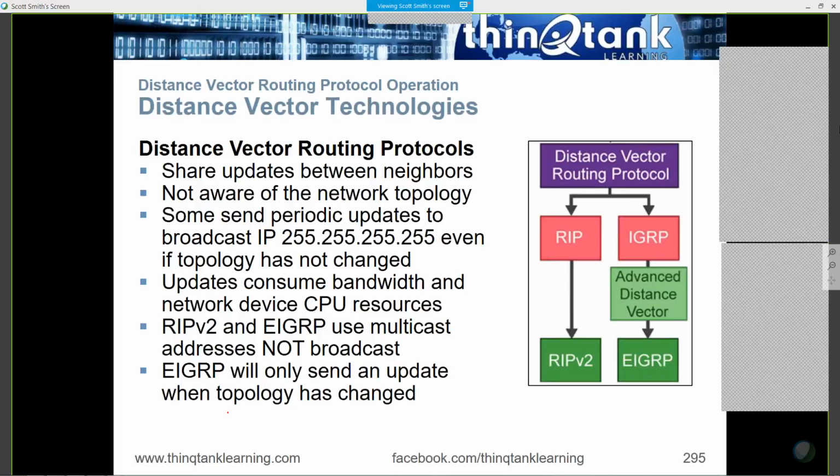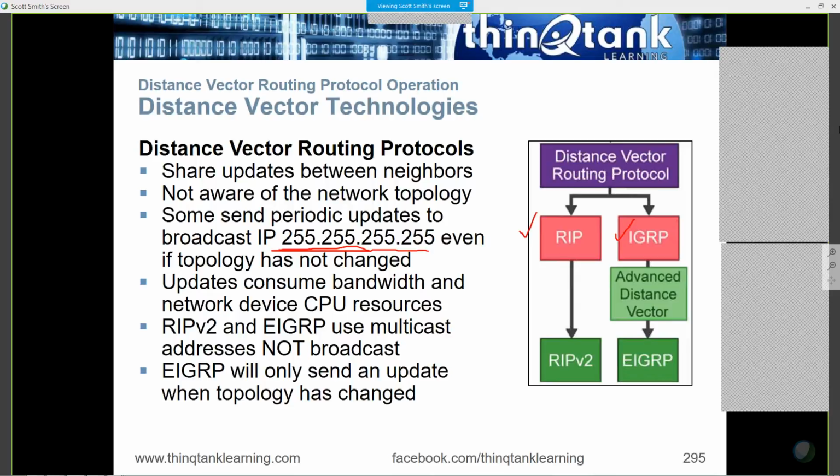There are a couple of other limitations of distance vector protocols, like, for example, RIP version 1 and IGRP. They used this address to exchange routing information. What are routers supposed to stop? They're supposed to stop broadcasts.